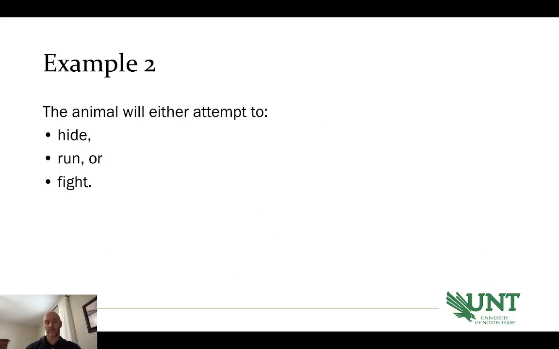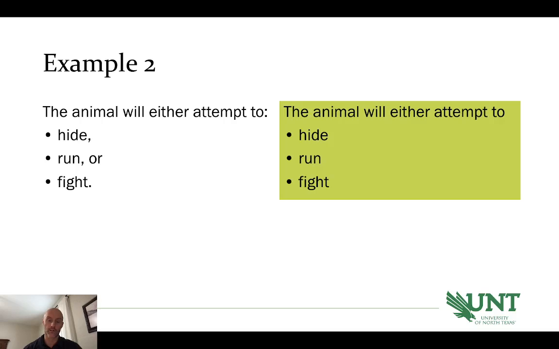Here's an example with much shorter bullets. The animal will either attempt to hide, run, or fight. Now notice that we have those end punctuation marks after each of these words. We can fix this, make it a little bit better by, first of all, removing the colon after the word to in that introductory sentence there.